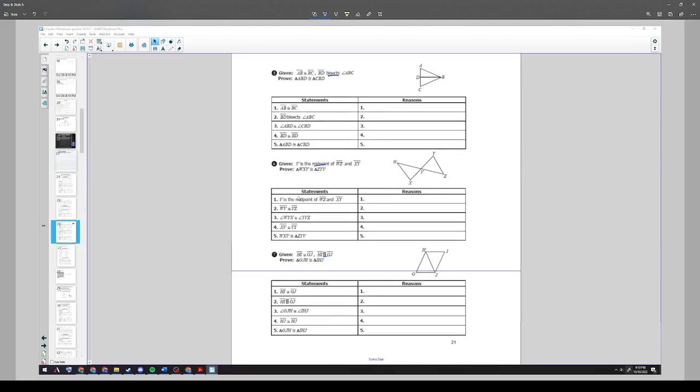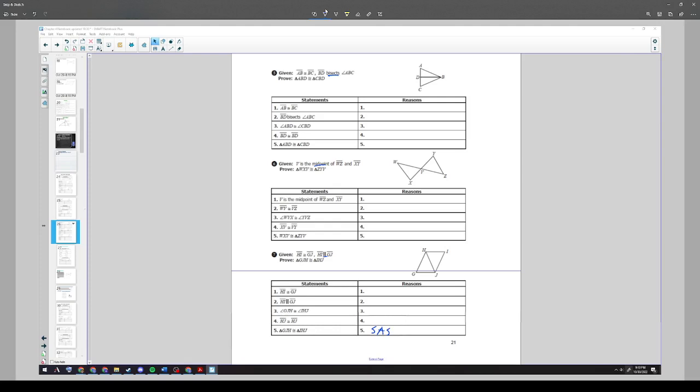And parallel is going to let us use transversal rules. These are more interesting because they involve angles. Sides are kind of boring. We're trying to prove this, and we know we're going to end up using side-angle-side, which I'm going to abbreviate as SAS.